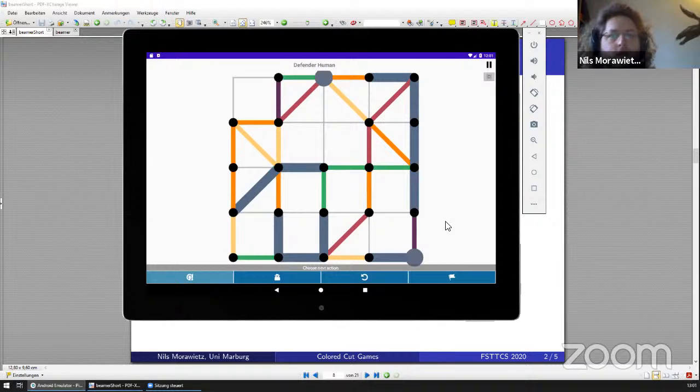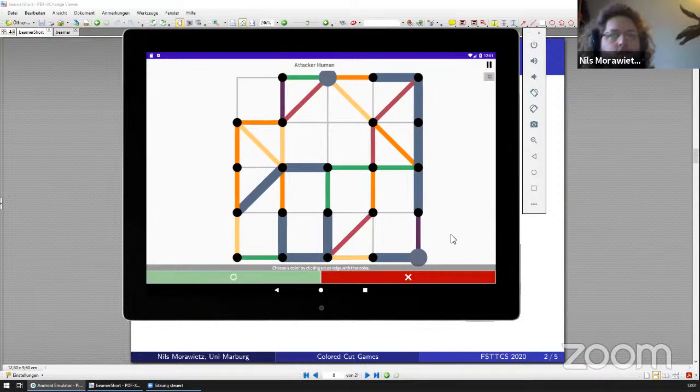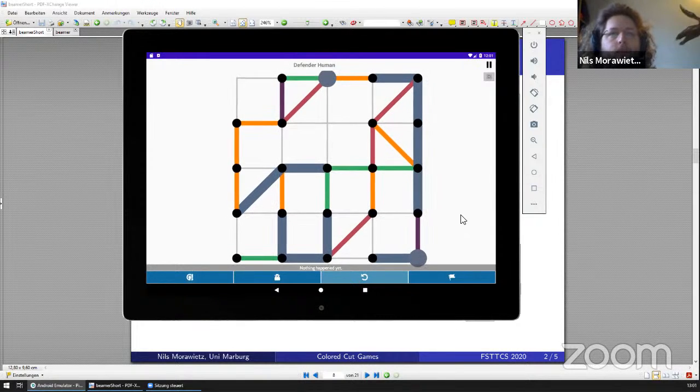So now it's the attacker's turn, and let's say the attacker now chooses the yellow color. Then these edges are removed from the graph, and it's again the defender's turn. And now we can see we have to choose this purple color in this turn, as otherwise the attacker again has a winning strategy.